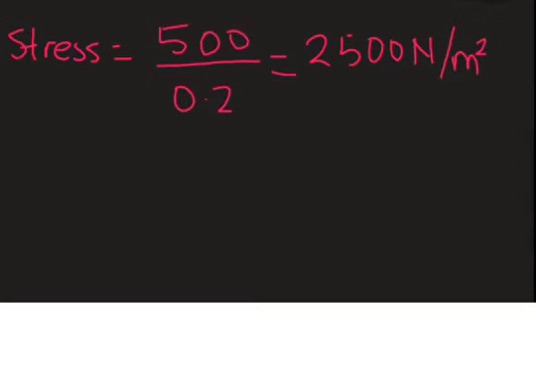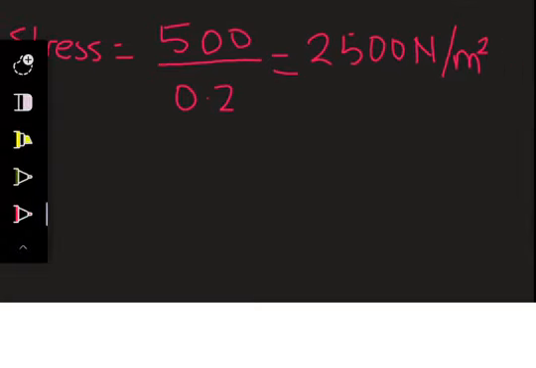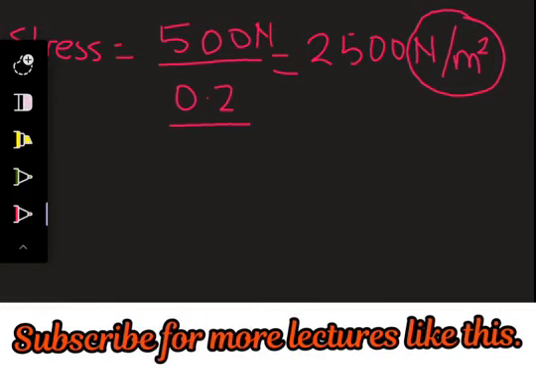Now, why did I have to work with 0.2? I didn't have to convert it to centimeters or any other unit, because the SI unit is Newton per meter square. And since the SI unit is Newton per meter square, my force was already in Newton and my area was already in meters square. So there was no need for any conversion.